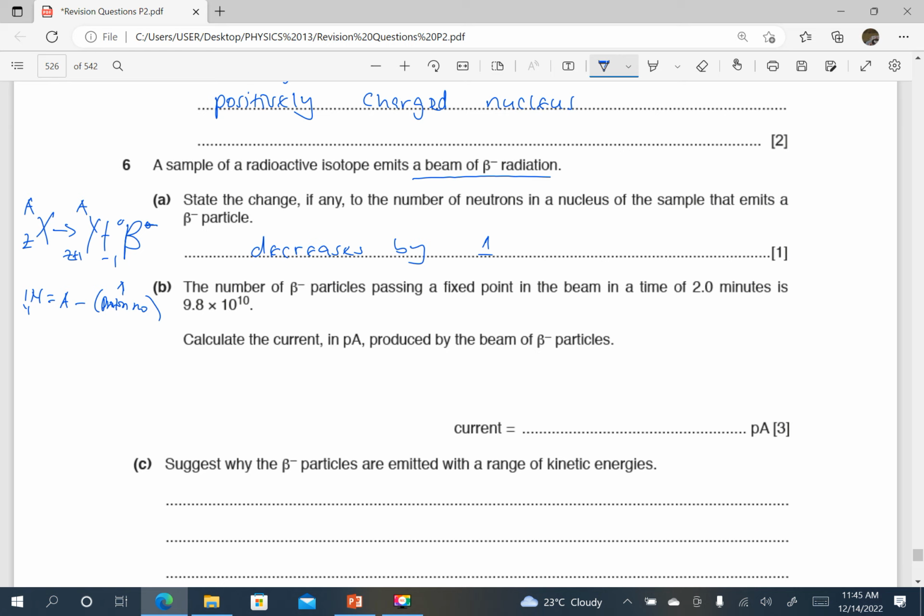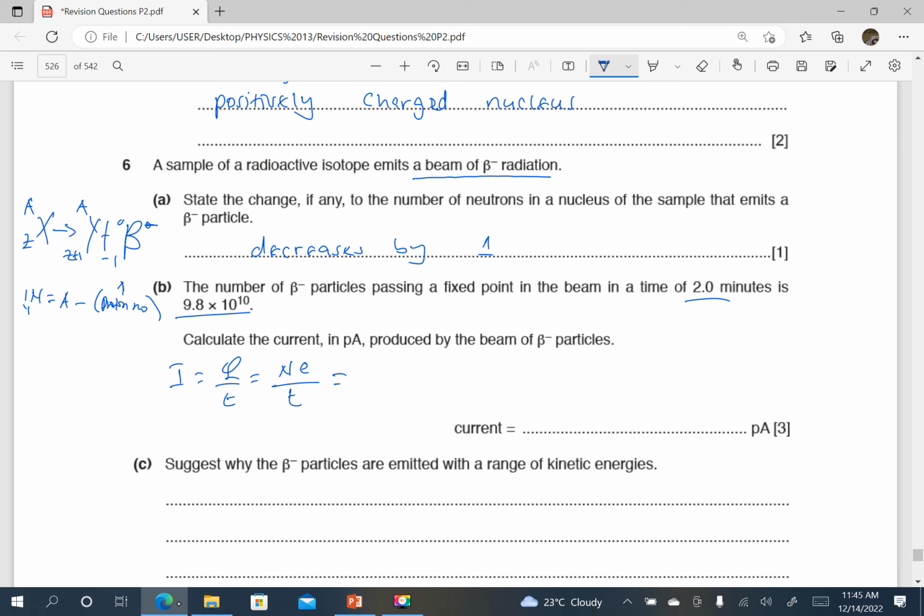The number of beta minus particles passing a fixed point in the beam in a time of 2 minutes is 9.8 times 10 power 10. Calculate the current. By definition, current is the rate of flow of charge. So charge is going to be the number of particles times the charge of each beta particle, which is going to be n times e over t.